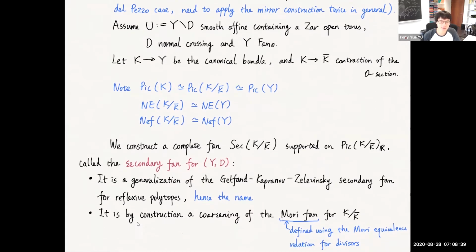And second, it is by construction a coarsening of the Mori fan for K over K bar. The Mori fan is defined using the Mori equivalence relation for divisors. I will explain in a moment.